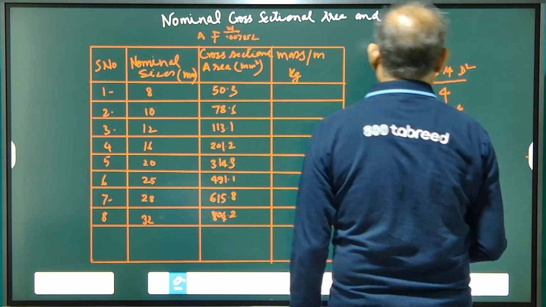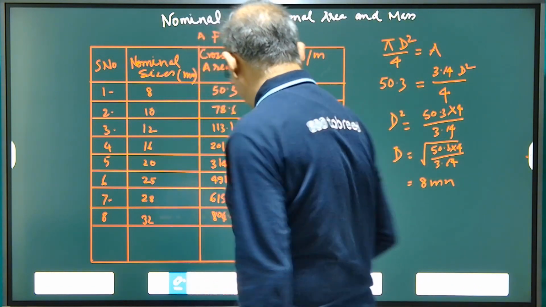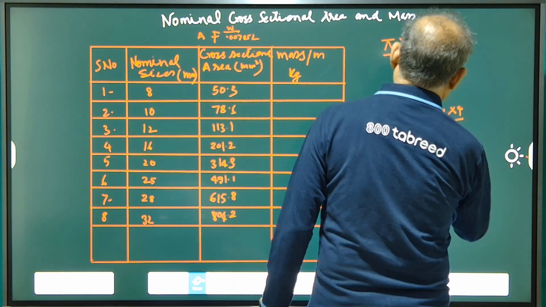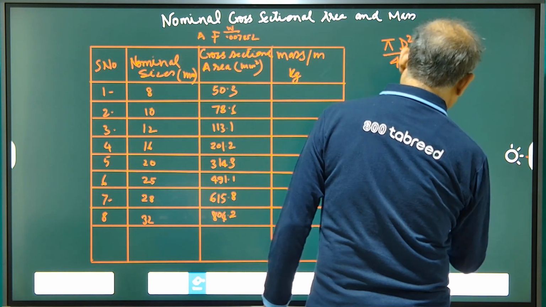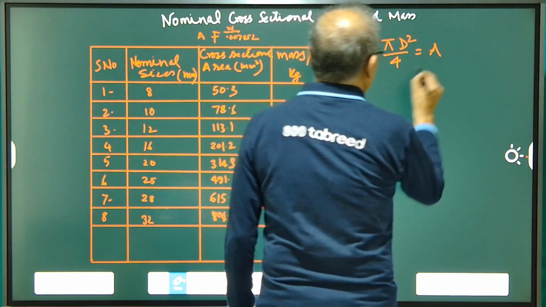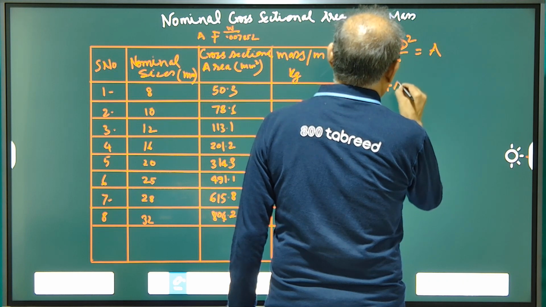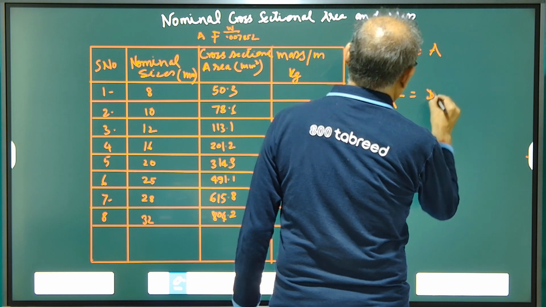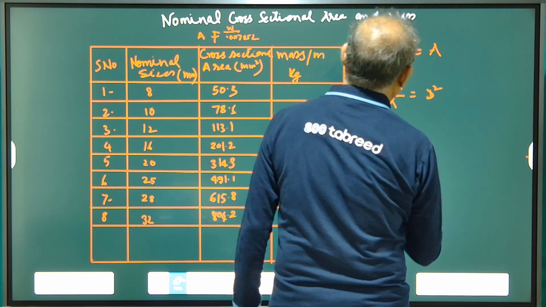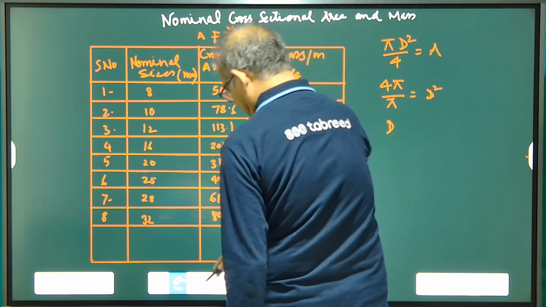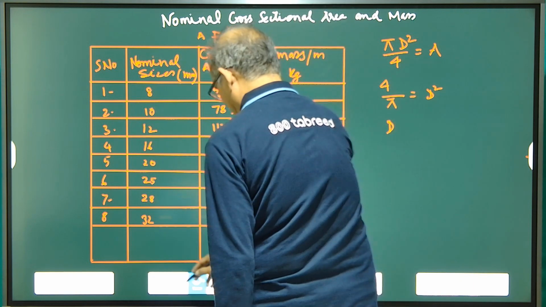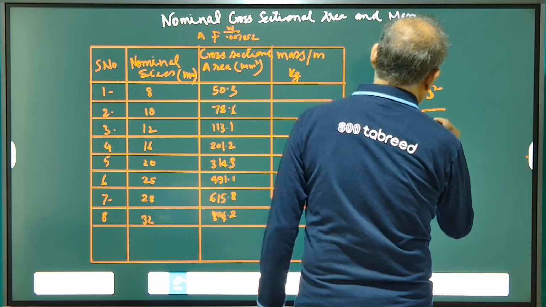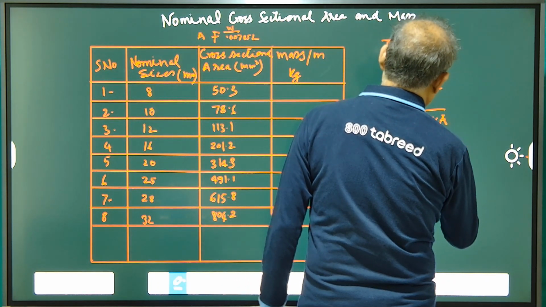So this is how we calculate, or we can derive a formula for this. 4a upon pi is equal to d square, and d will be root of 4 times area upon pi.